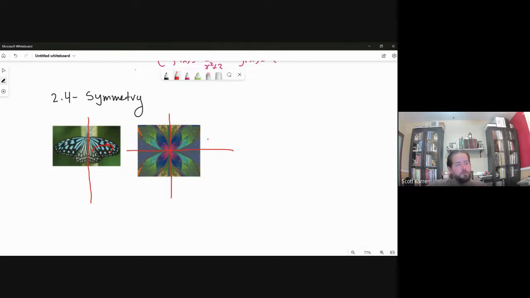Moreover, though, and it's a little bit less so because there's this orange bit on the side here, I could also say the top left part could have mirrored the bottom right, or the top right could also have folded over and become the bottom left. And that's what symmetry is. We have a couple of types of symmetry that we'll talk about.